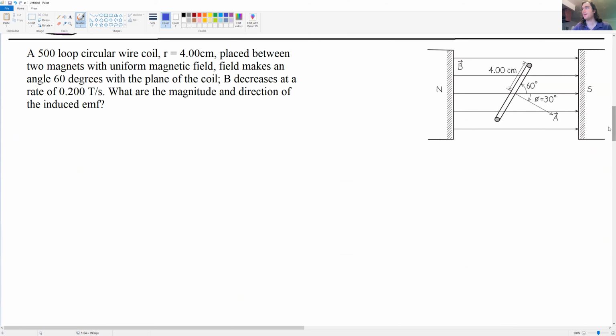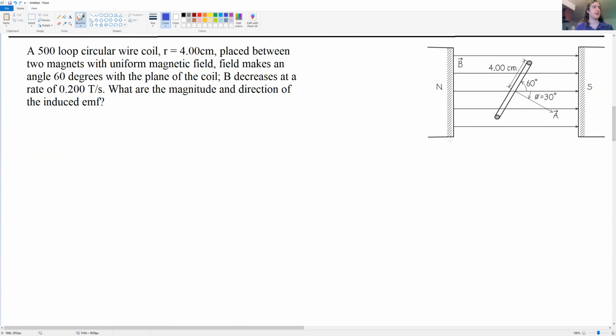All right, next example here, like I said, is a little generator style problem. We have a loop, and we're going to take a look at how the induced voltage is in the loop.